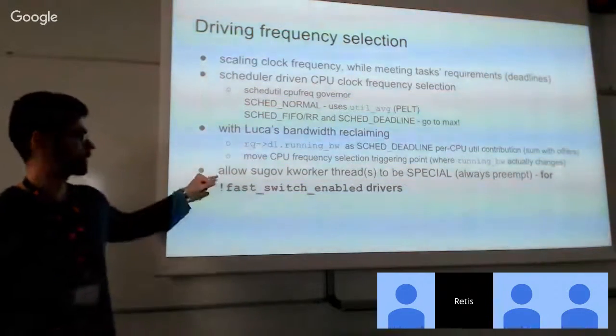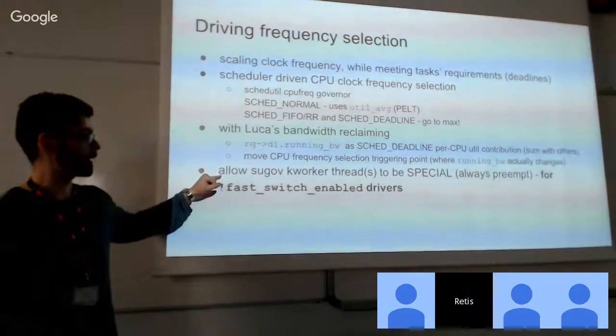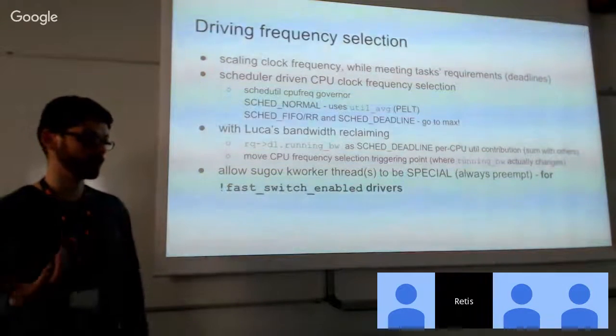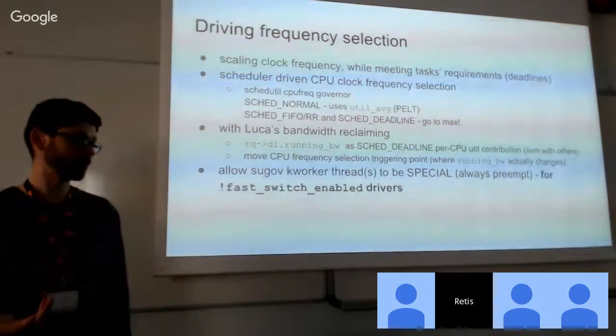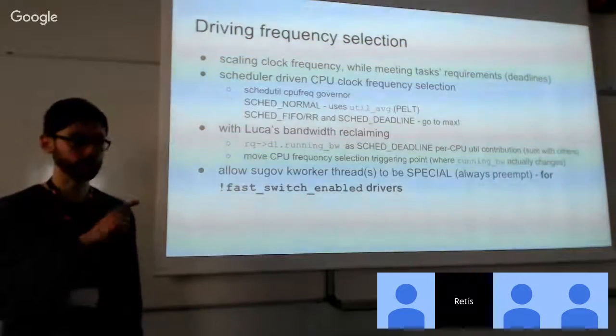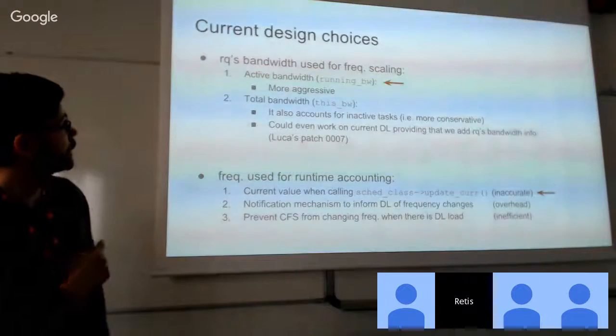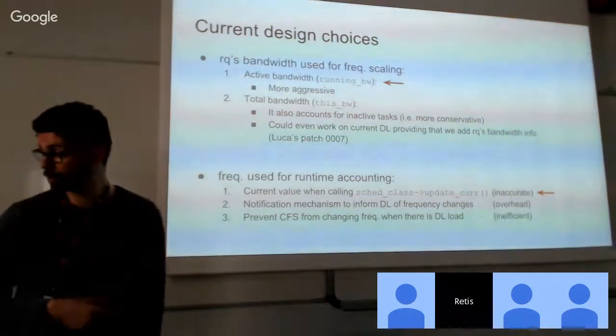So there is, I guess, a point of discussion. One of the big points of discussion is how to make the asynchronous kworker thread responsible for changing frequency on ARM systems actually work. Considering this, I'll skip this for now and discuss it later. Claudio, maybe you can comment on this.